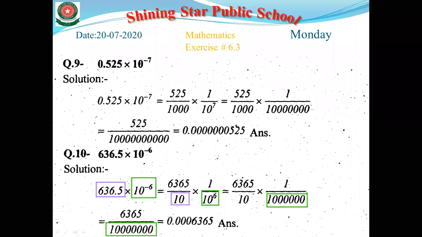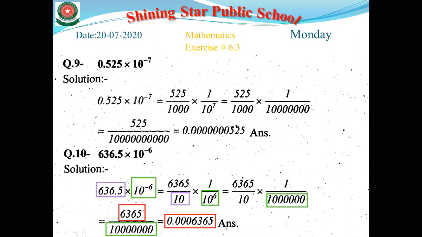But in the numerator, we have only 4 digits. So we write 3 zeros before these 4 digits. So that's why we write here 0, 0, 0. After the 3 zeros, we write 6365. So total is 7 digits.